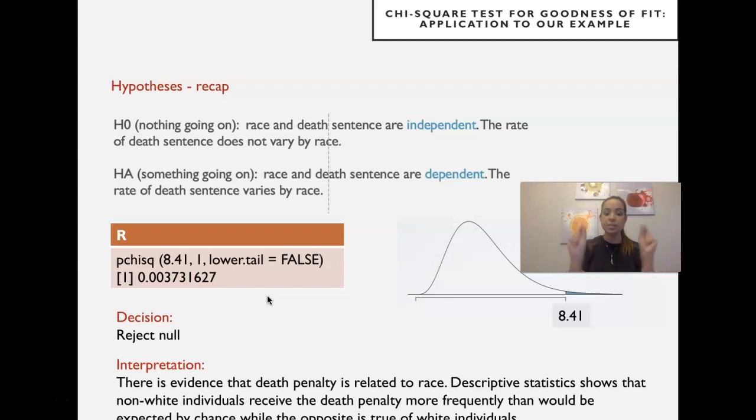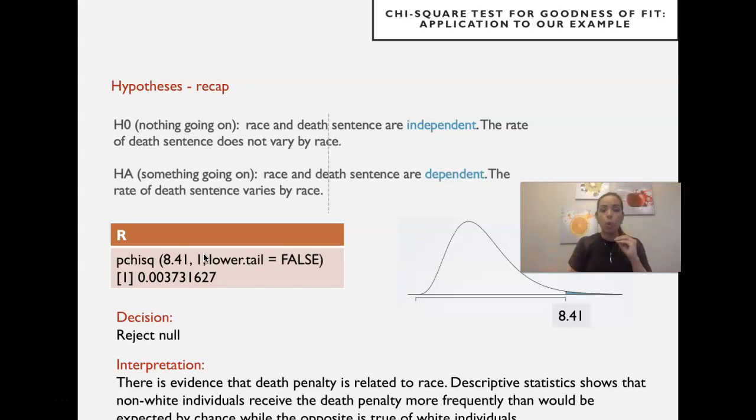And the descriptive statistics, the contingency table we just looked at, show that non-white individuals receive the death penalty more frequently than would be expected by chance, while the opposite is true of white individuals. So I want to say this one more time because it is important. The fact that the p-value is less than 0.05 just tells us that there is a relationship between race and the decision for the death penalty.